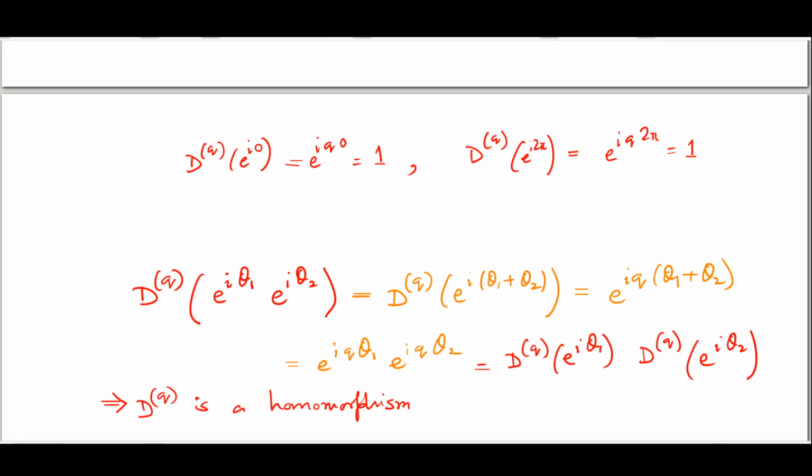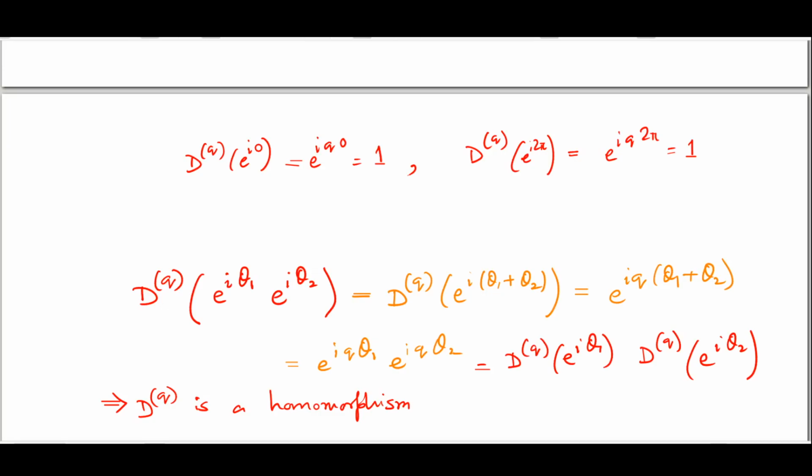But what is more important for us is that when I use e to the i theta to represent rotations in their U1 version, e to the i2 pi, or an angle of 2 pi, actually is the same as identity, as doing nothing. Just to check whether this map really respects that, note that d_q acting on e to the i2 pi will give you e to the iq2 pi, and since q is an integer, e to the iq2 pi will also be 1, so everything works out fine there.